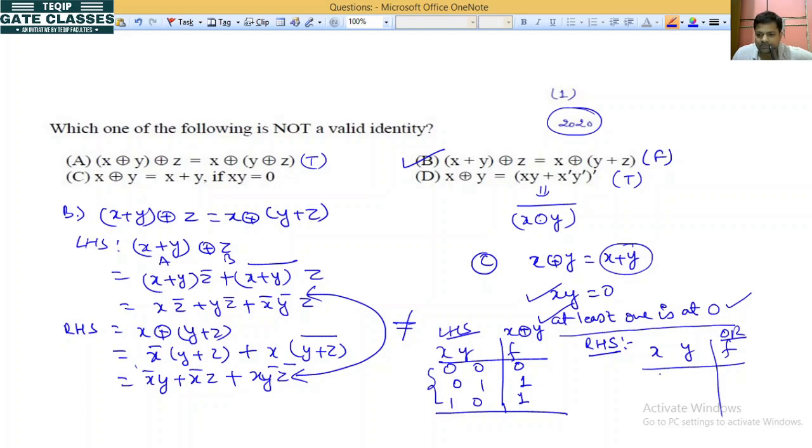Again we have only three cases, because only in these three cases at least one variable is at logic 0. What will be the value? 0 plus 0 is 0, 0 plus 1 is 1, 1 plus 0 is 1. So both are equal, you can see here, so it will also be a true option. So only option B is incorrect.